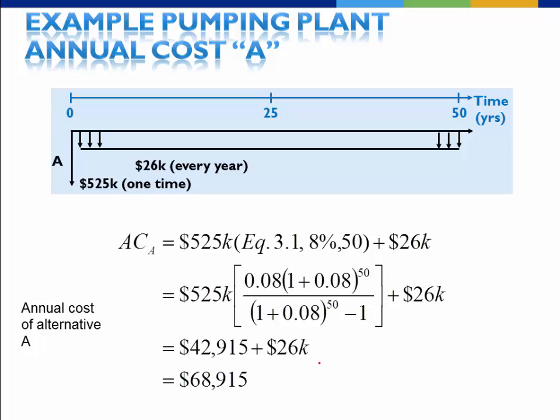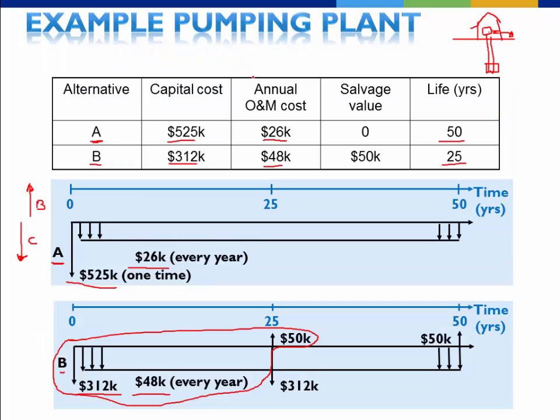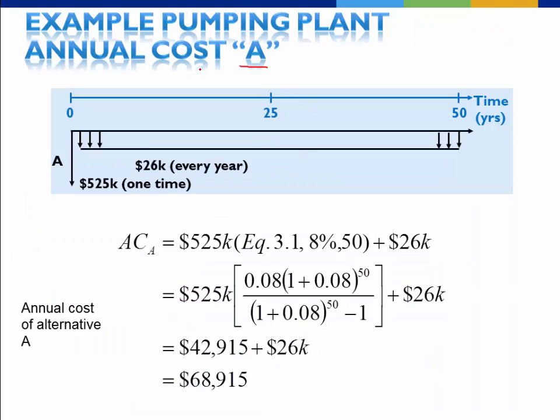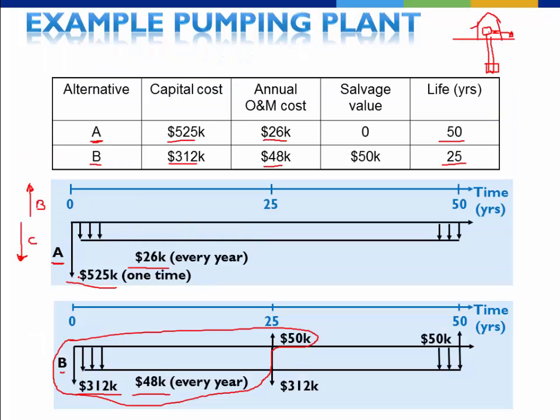Okay, so let's just start estimating. For this, I'm going to estimate the cost of these two, and I'm going to select the one that is the cheapest. That's the bottom line. So let's start estimating the cost of alternative A. In order to compare these two, we have to compare apples to apples.